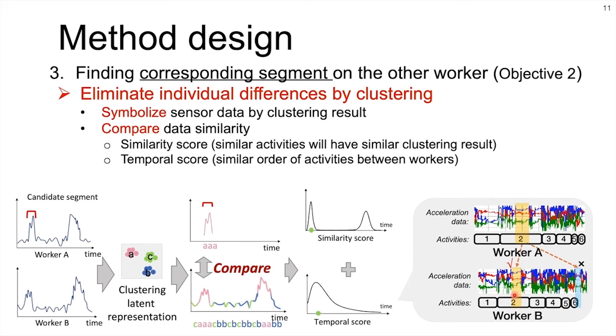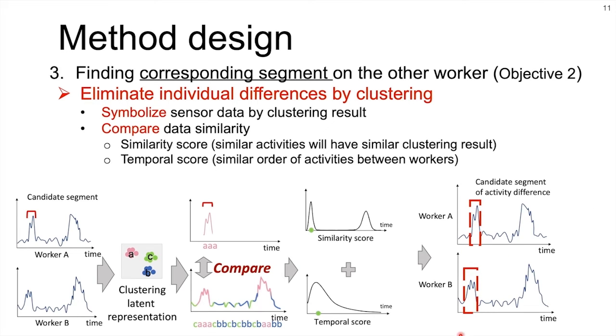This score is based on the fact that the order of activities in assembly work between workers is similar, and it's more reliable if the occurrence of corresponding activities is similar in timings. And finally, we will offer the pair of segments to the engineer for the skill identification.